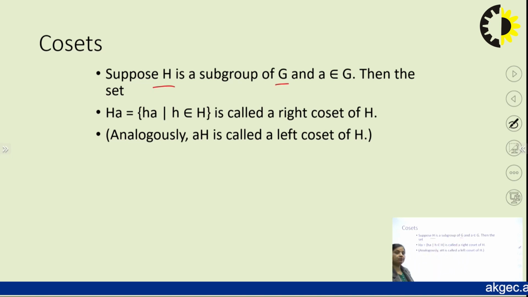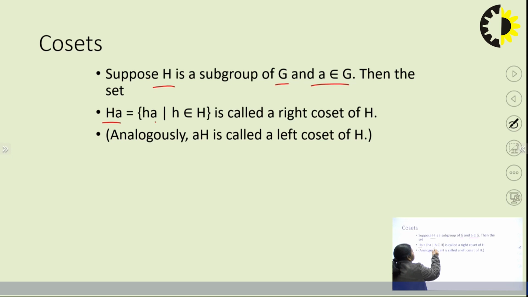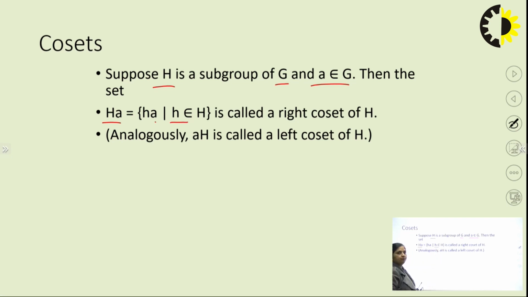Now what is a coset? Let me take any element A belonging to G. Then the set HA, what are the elements of HA? Elements of HA are H star A. Star is our operation. H into A means H star A, such that H belongs to H, is called a right coset of H.